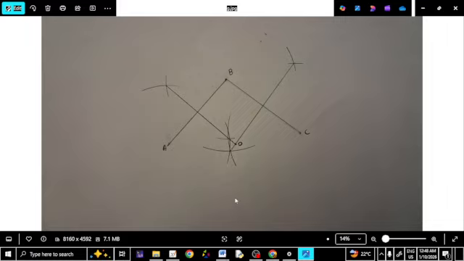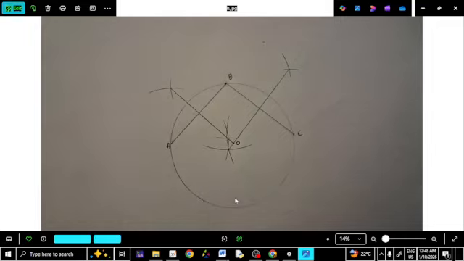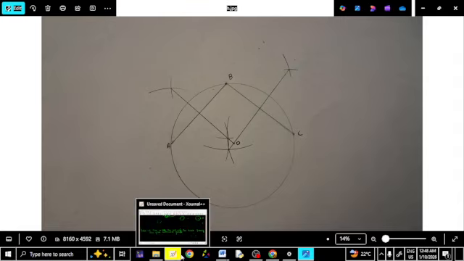If you observe here, the distances OA, OB and OC are all the same. So taking OA as a radius, I will draw a circle taking O as the center. That produces a circle passing through the 3 points A, B and C. This is the unique circle which will pass through A, B and C. It is not possible for me to draw another circle which will pass through the 3 points A, B and C.